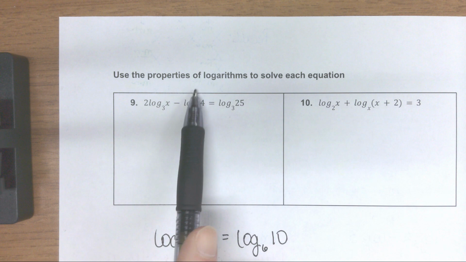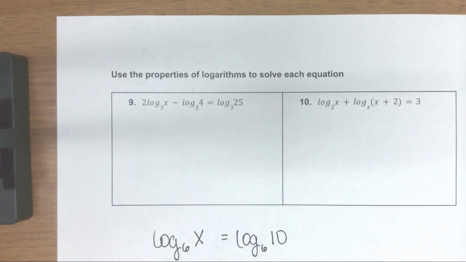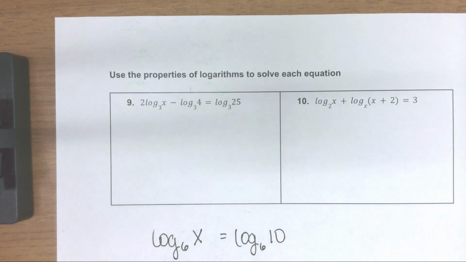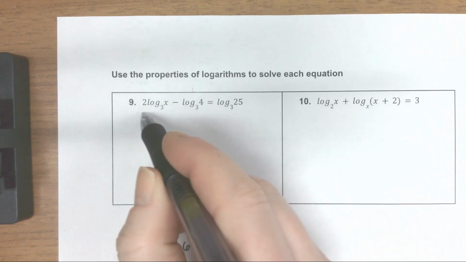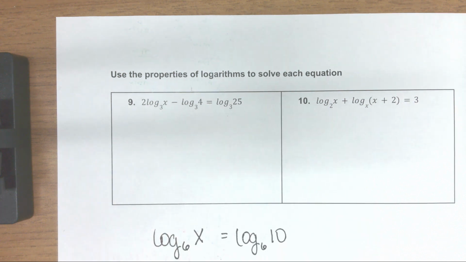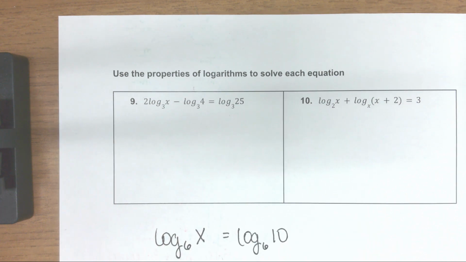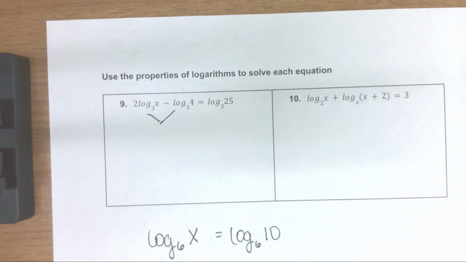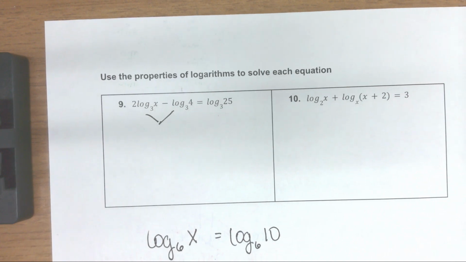On the left side, though, we can use some of our properties from yesterday to combine. Would you try to combine this side? Once you do that, would you check with your partner and see if you both got the same thing?